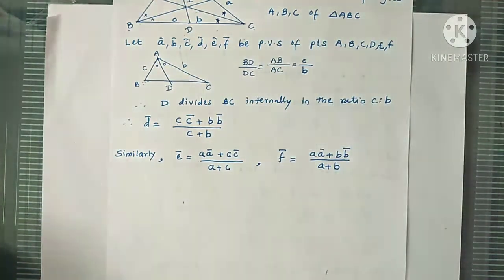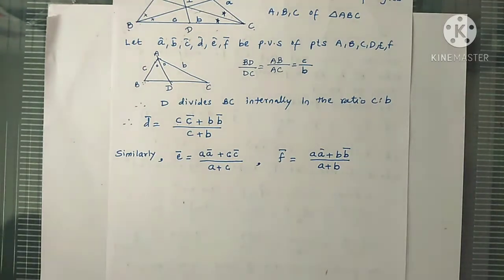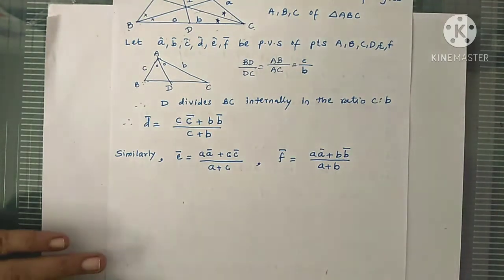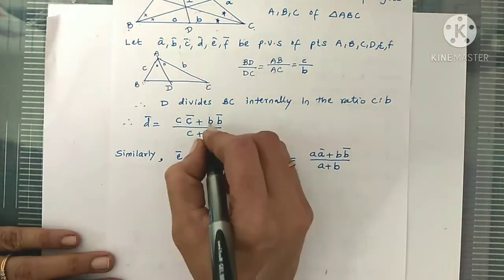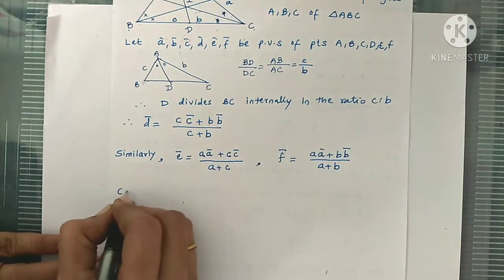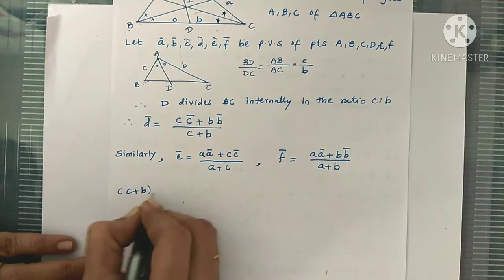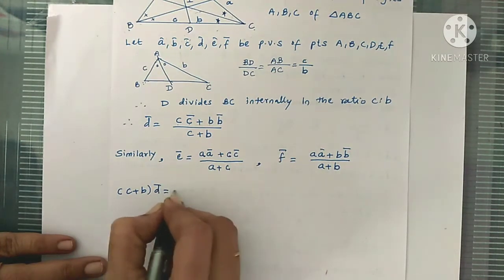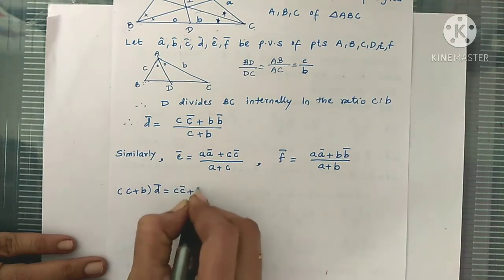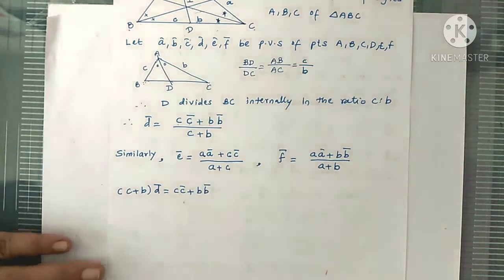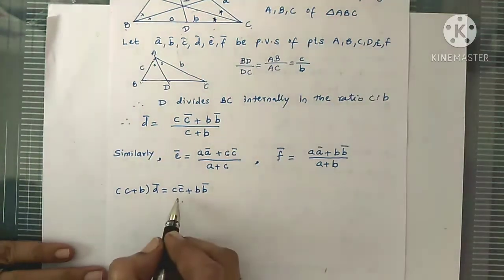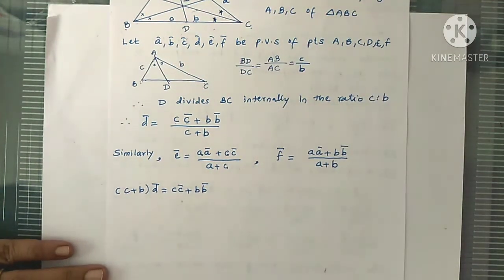Okay. Now we are going to prove this theorem or this result as we proved in the earlier theorem. So for the first one, we can write this as (C + B)D bar equal to C bar + B bar. Remember that we have to complete A bar + B bar + C bar.